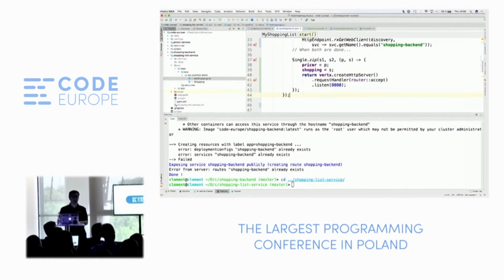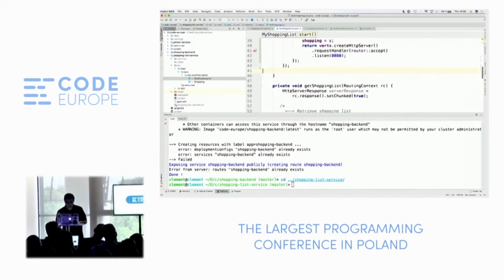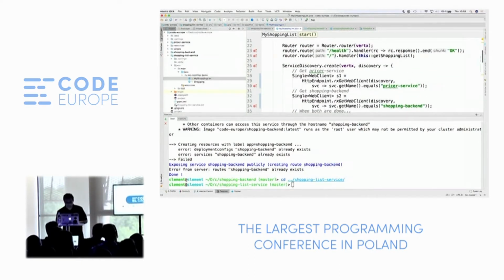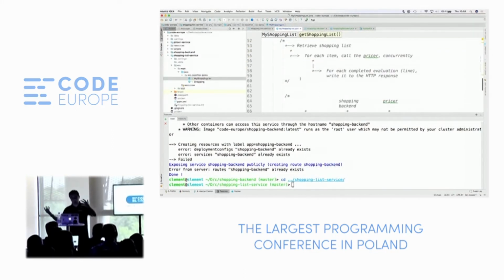Again, always executed by the same thread. I don't need to use synchronized, volatile, atomic lock, or atomic reference, or latch, or stuff like that. I don't care. It's just always the same thread, so I'm fine with that. And when I request / here, I'm going to execute this method here. So this method is going to retrieve my shopping list.